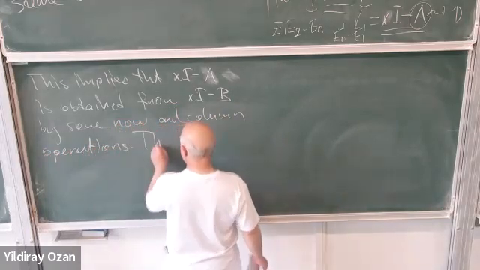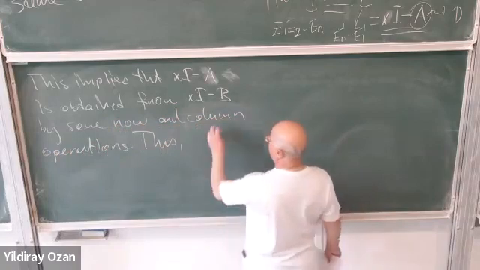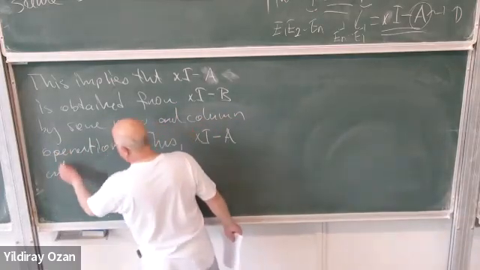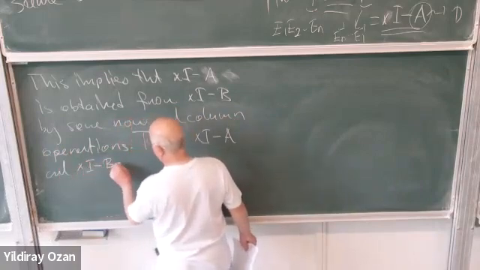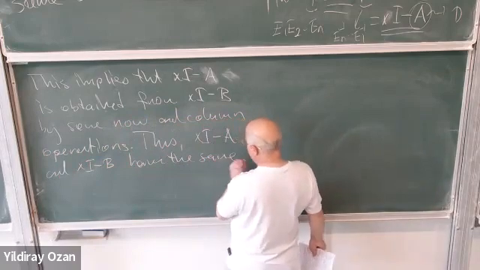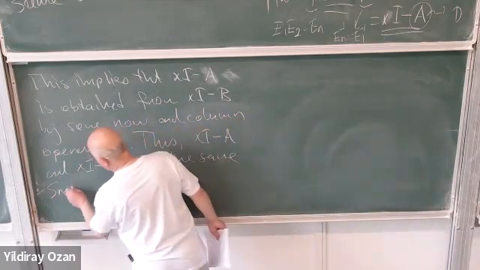Thus, x times identity minus A and x times identity minus B have the same symmetric normal form.